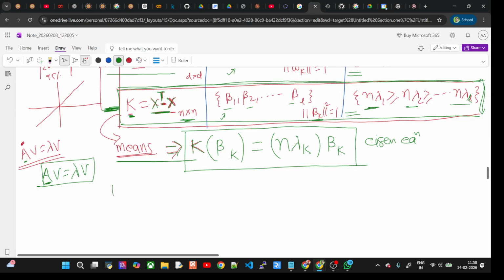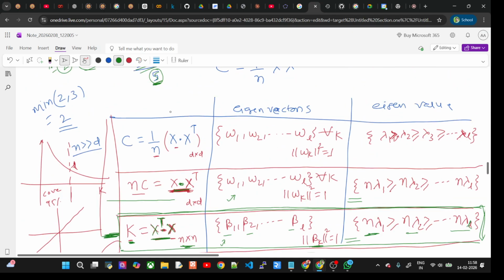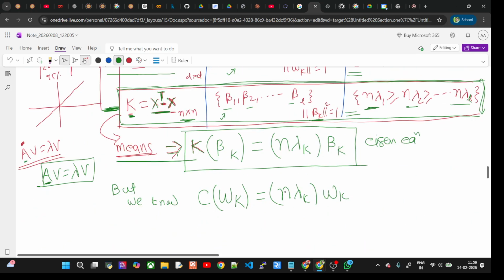But you say, we know that. In general what we know, covariance matrix C, w k equal to lambda k w k. The earlier equations we have seen, that is fine.